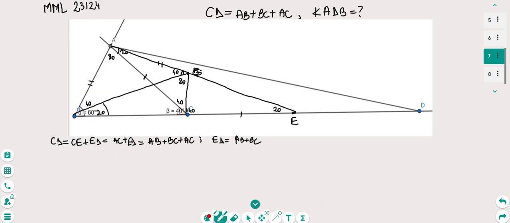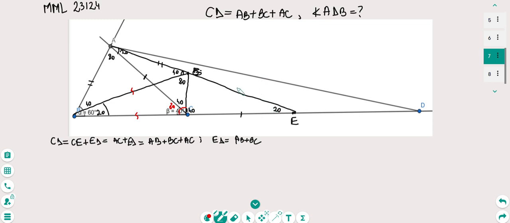So again, I'm going to change colors for a bit. This whole thing will be 80, which is 80 here. That means we have another isosceles triangle here. I'm going to mark it with a curly line. So BCG is isosceles with the base CG. Another thing we can quickly observe, 20, 20. Cool.